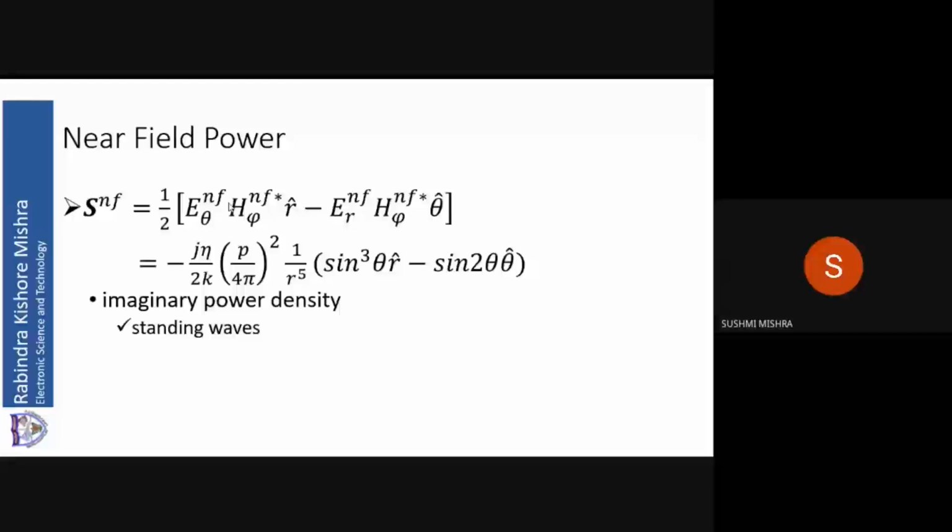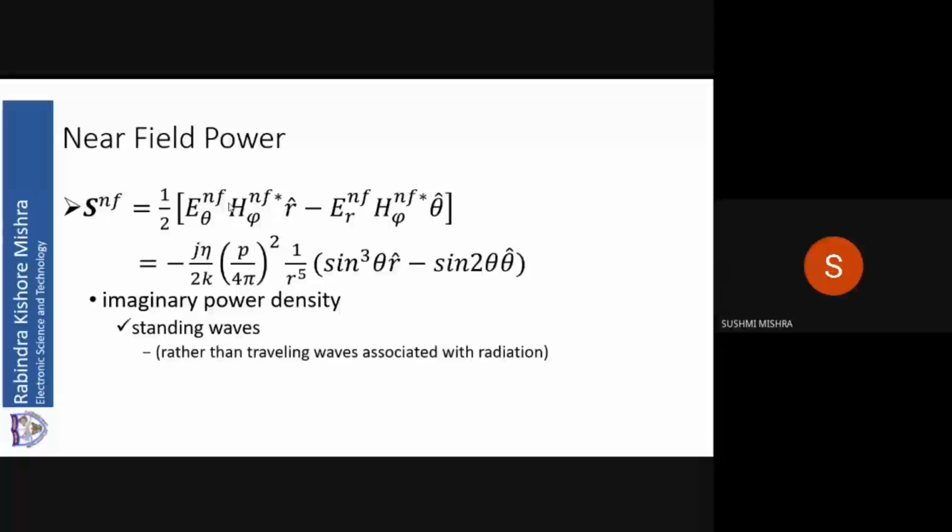So they are adding in phase, so they are forming standing waves. So imaginary power density indicates standing waves. So rather than having a traveling wave, we are having pure standing waves in the near field. So there is no radiation in this case.